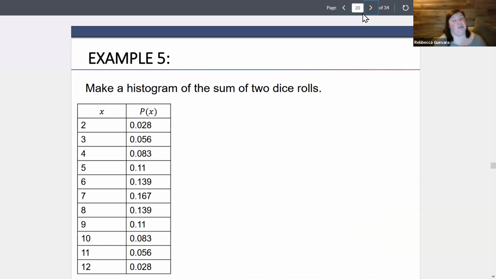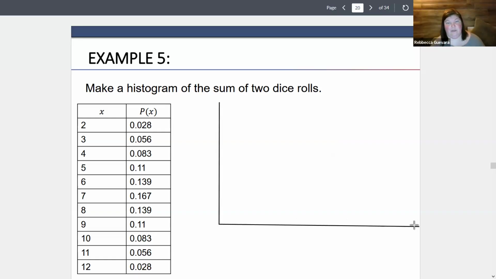So we want to make a histogram of the sum of dice rolls. Remember, what goes along here is probability. Probably should write it the other way. It is not easy to write sideways.